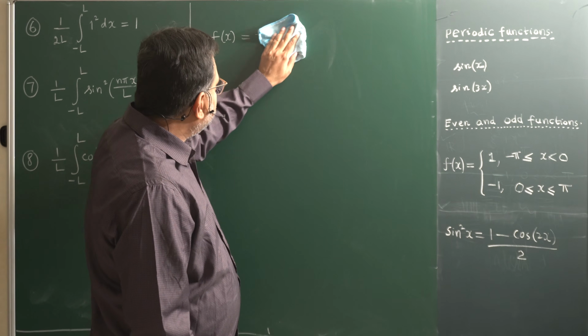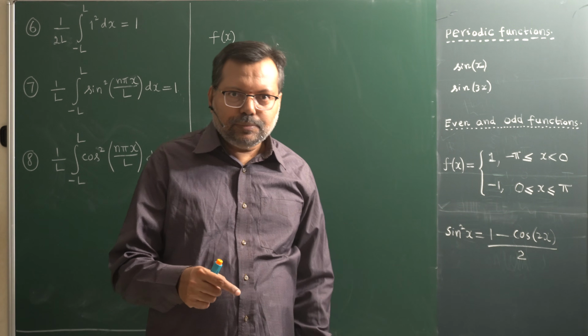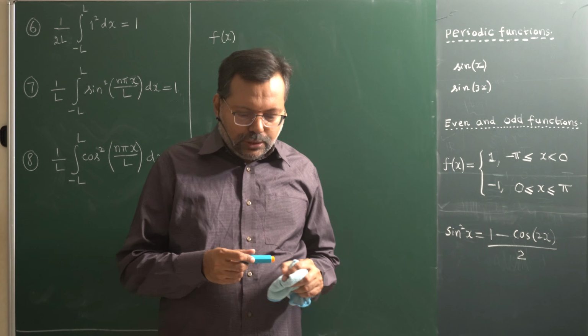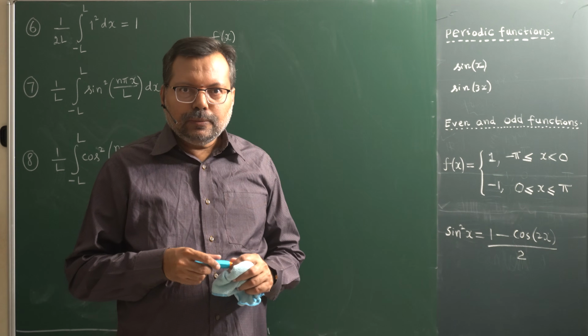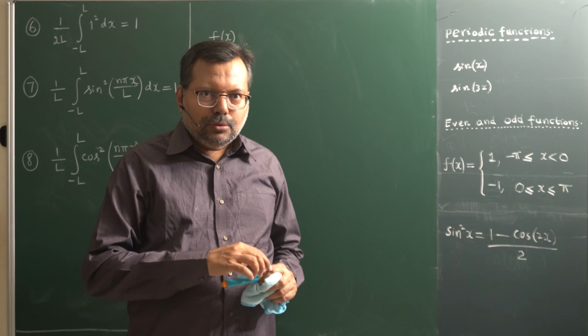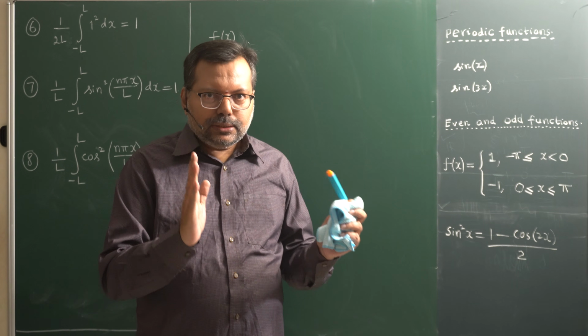We are going to consider only periodic functions in the sense of signals and systems, because in most cases the practical application of the Fourier series is in signals and systems, where some kind of signal will be repeating after some time. Some signal like this will be there, and the same thing will be repeating after a certain interval.